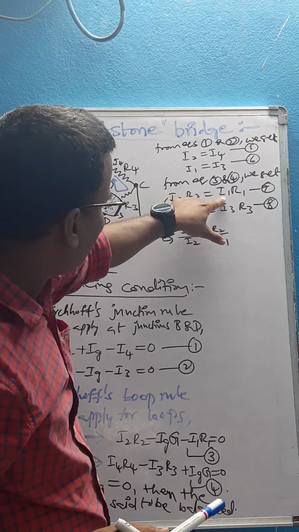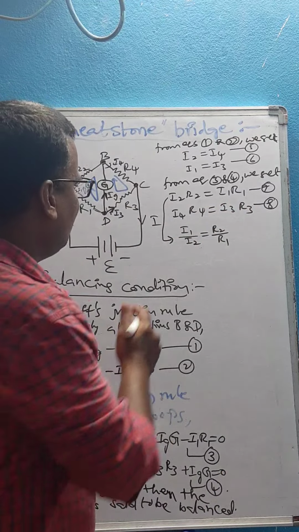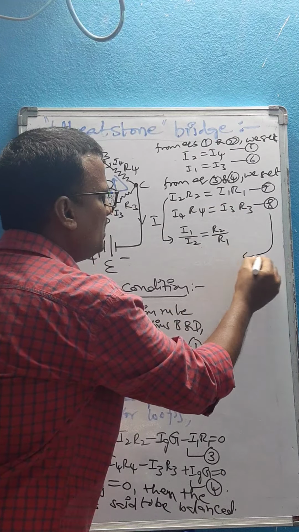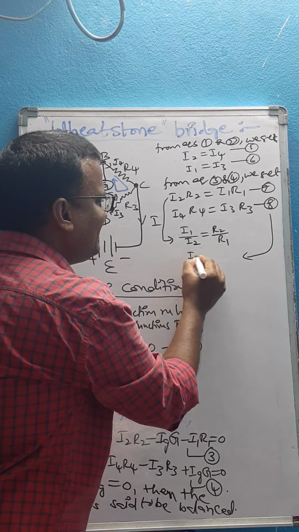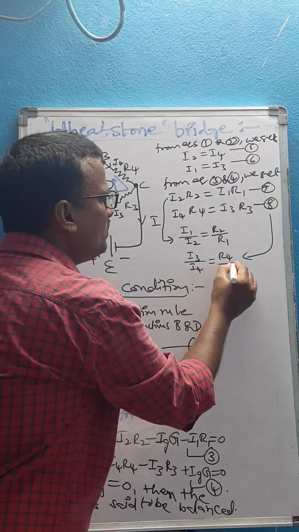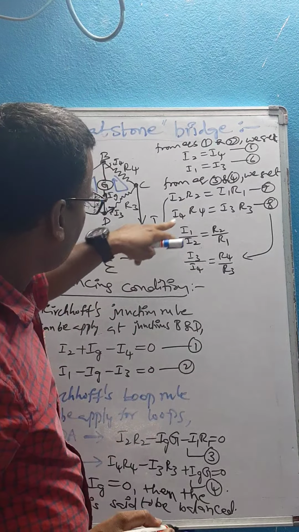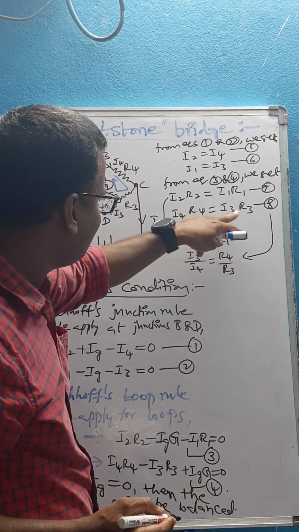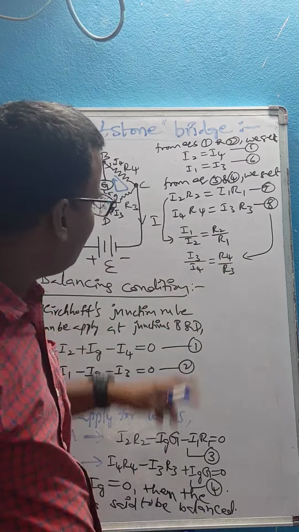So I1 by I2 is equal to R2 by R1, and from the other we can write I3 by I4 equal to R4 by R3.